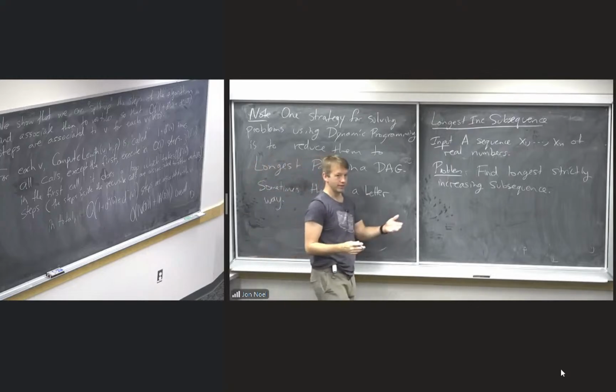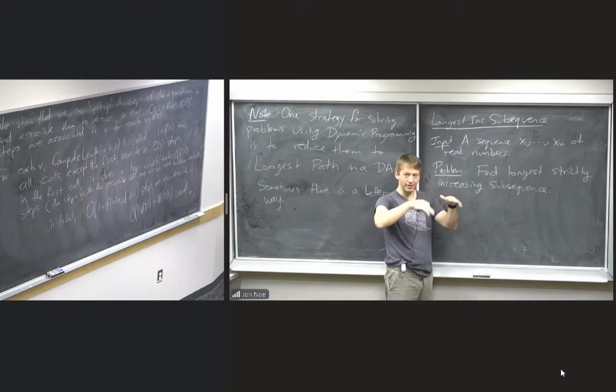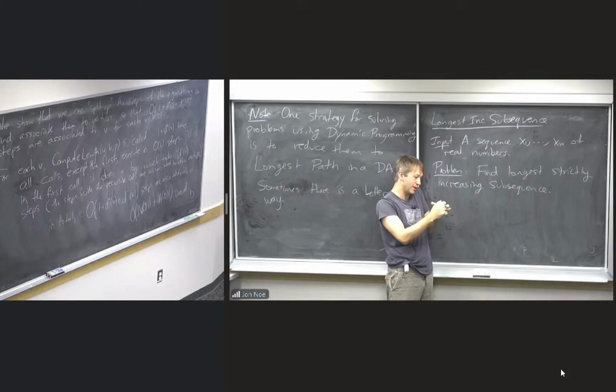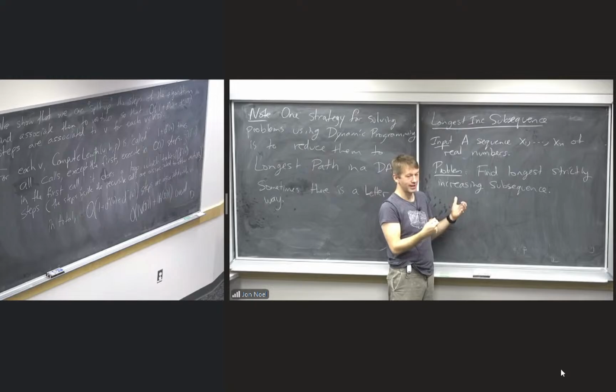This sequence of numbers can go up and down, just an arbitrary assortment of numbers, and I want to find a subsequence where the values are increasing, and I want that to be as long as possible.